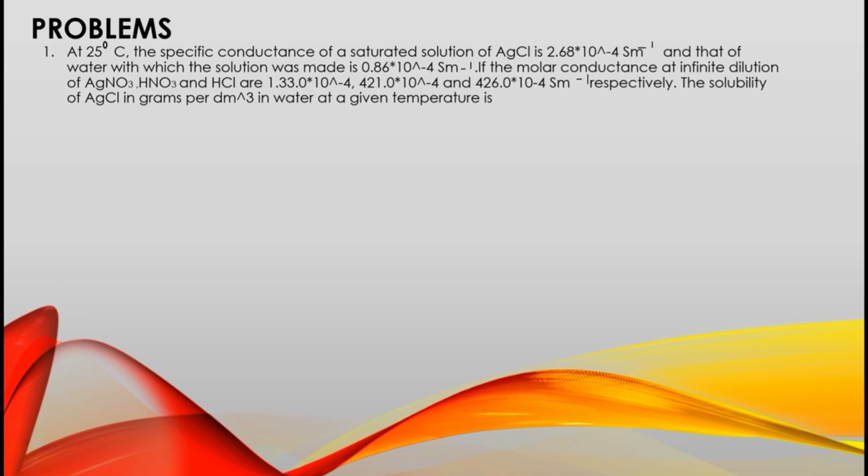If the molar conductance at infinite dilution of AgNO3, HNO3 and HCl are 1.33 into 10 raised to minus 4, 421 into 10 raised to minus 4 and 426 into 10 raised to minus 4 Siemens meter inverse respectively, then the solubility of AgCl in grams per dm cube in water at a given temperature is, here are the options, and let us solve this problem.